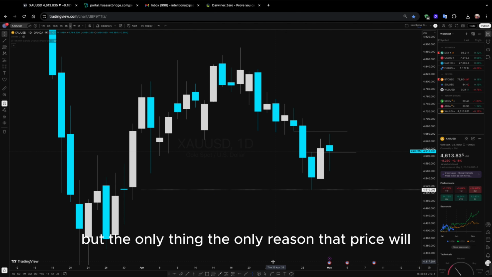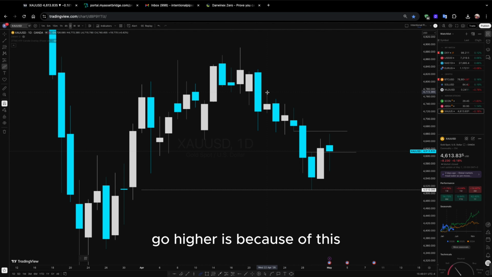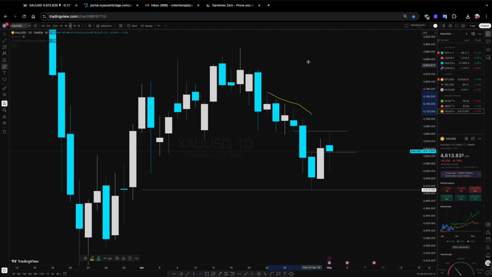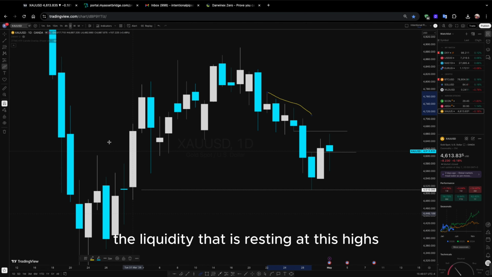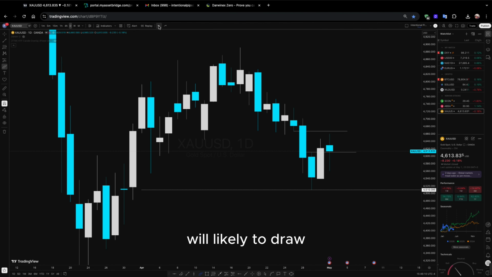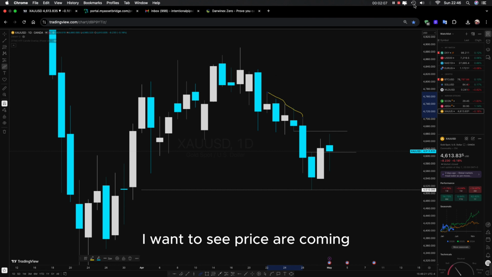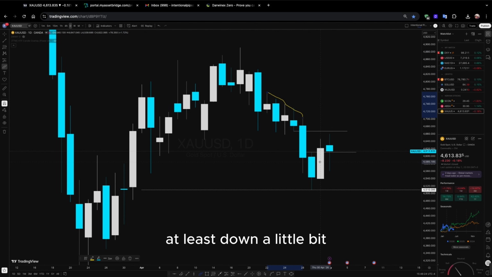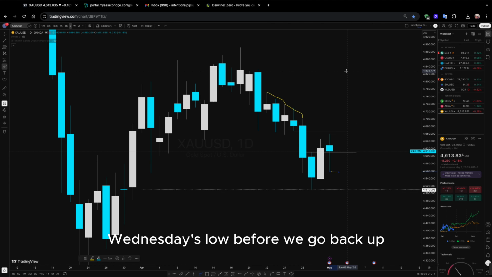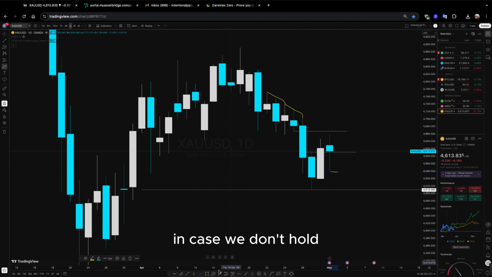But the only reason that price will go higher is because of this liquidity resting at these highs here. We're likely to draw more buyers to these highs, and I want to see price coming down a little bit first, maybe to clear Friday's low, and maybe last week's low, Wednesday's low, before we go back up.